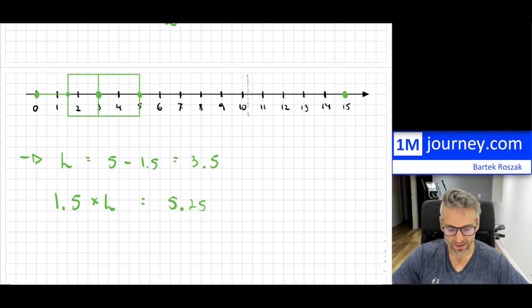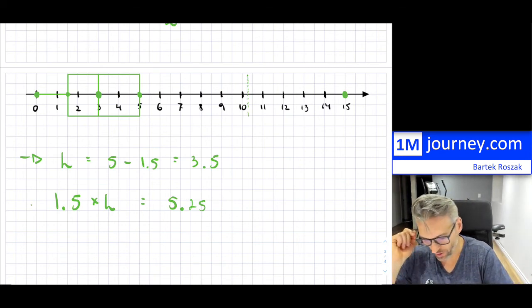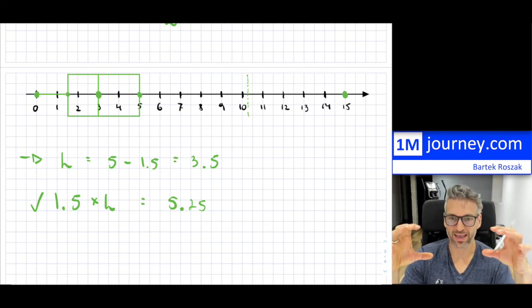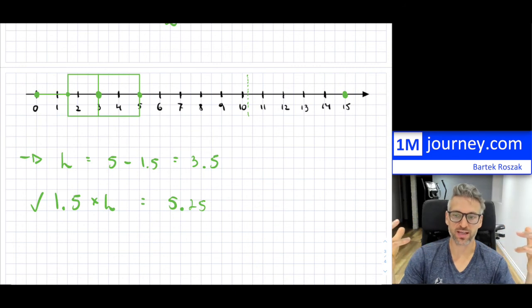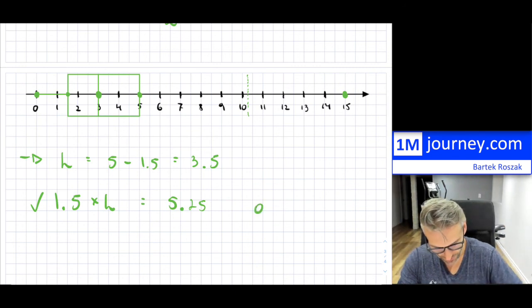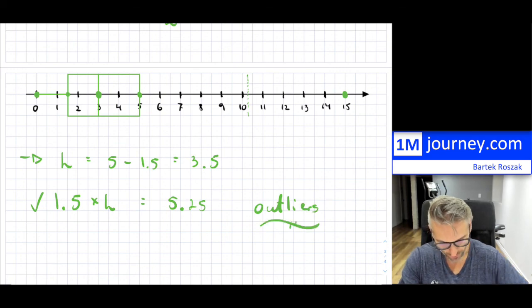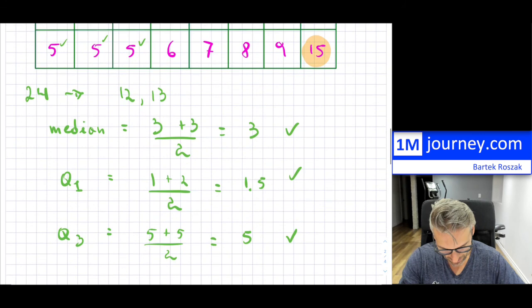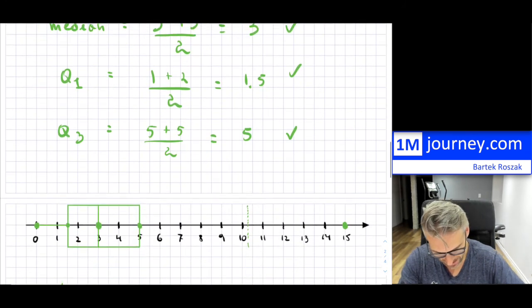If our data points lie 1.5 interquartile ranges outside, we typically say that they're outliers. For us, we have a data point at 15, and the next one is 9, so 9 is the last one right here.